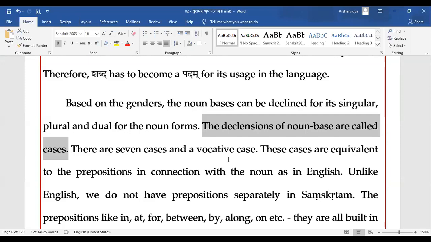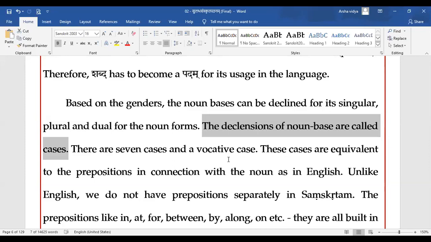Only 7 cases, yet so many prepositions are there in English. All those prepositional meanings are covered in the 7 cases, each case having its corresponding prepositional meaning. And these are derived from the Shabda.